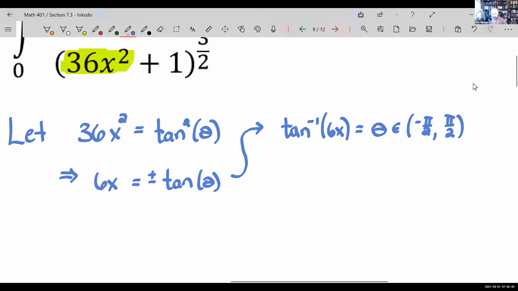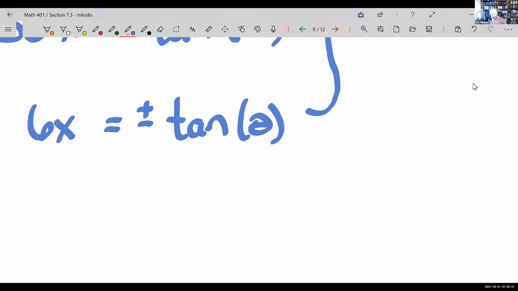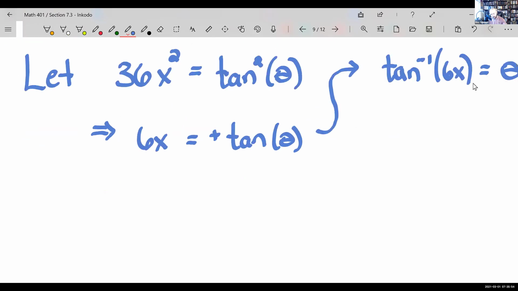And because of that, I know tangent in quadrant 1 is positive, and tangent in quadrant 4 is negative. So the positive-negative thing that normally would be in front of this is just going to be folded or absorbed into the tangent. The angle itself will tell me whether it's positive or negative. So that's just a little aside.